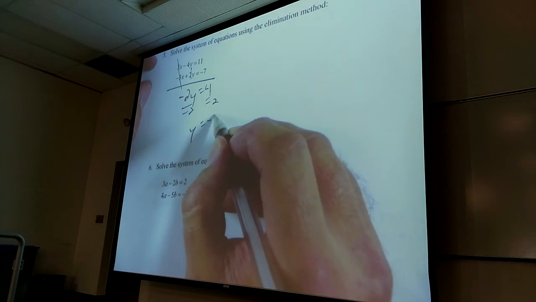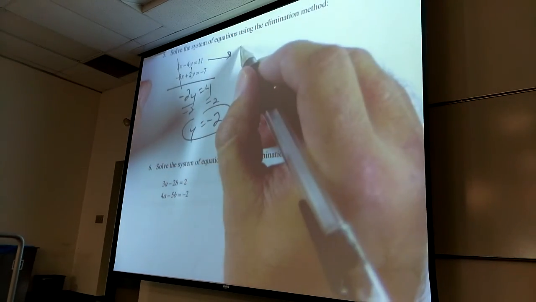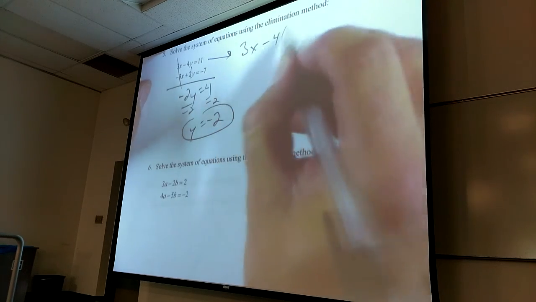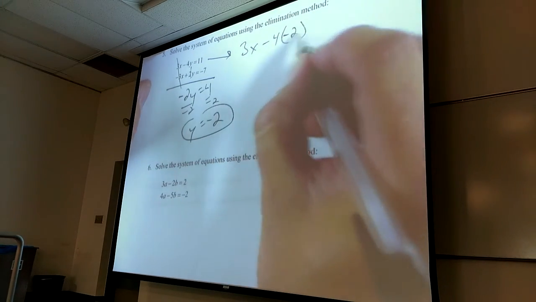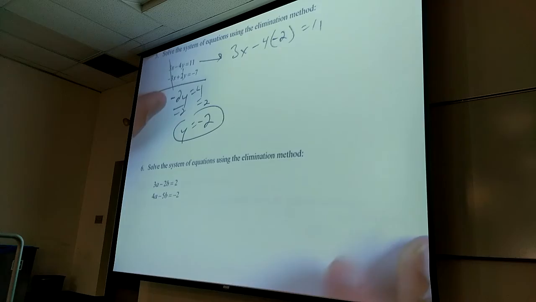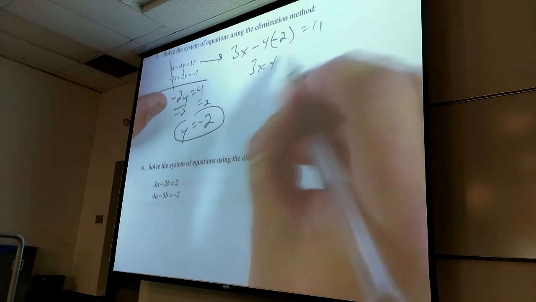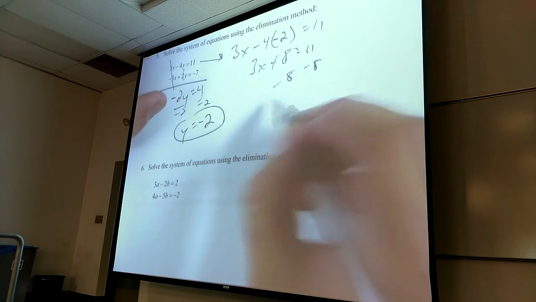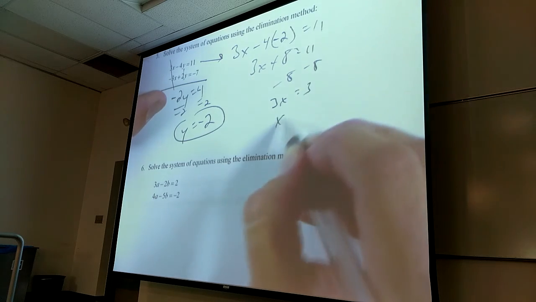Y is negative 2. So then I choose either one I want, so I'm going to use this first one. 3x minus 4 times y. So 3x plus 8 is 11, minus 8 minus 8, 3x is 3, so x is 1.